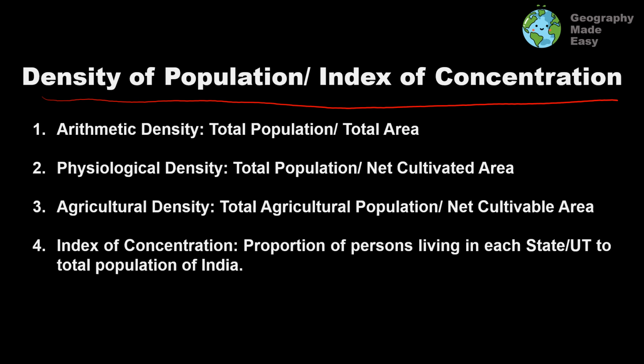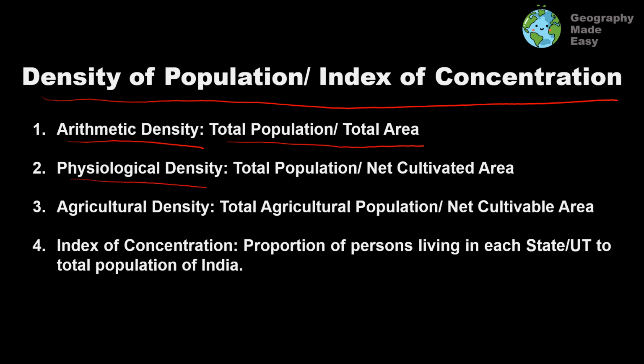The first one is arithmetic density, which is calculated by dividing the total population by total area. This is what we have shown in the previous slides, where we were discussing the different kinds of population density between the different states of India.